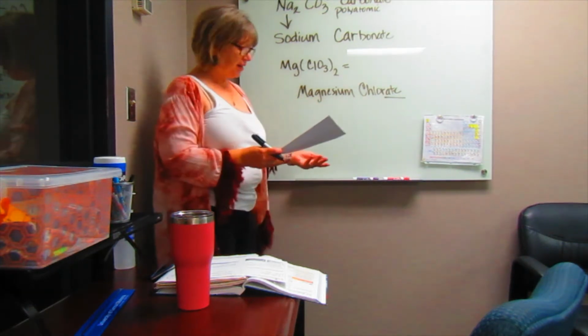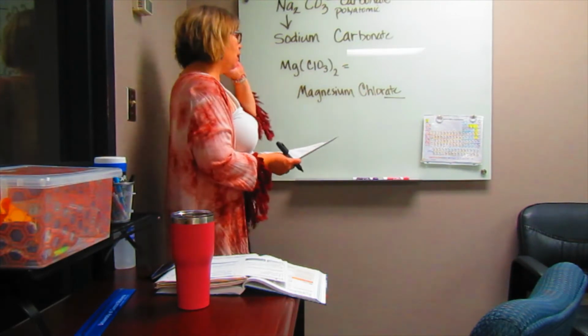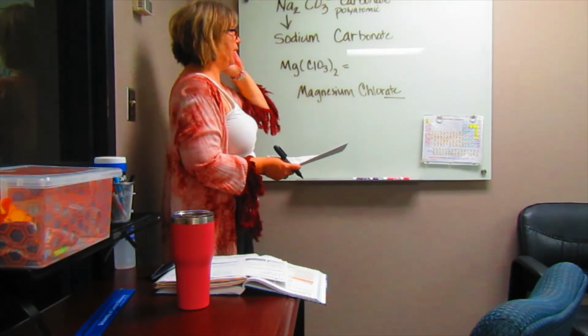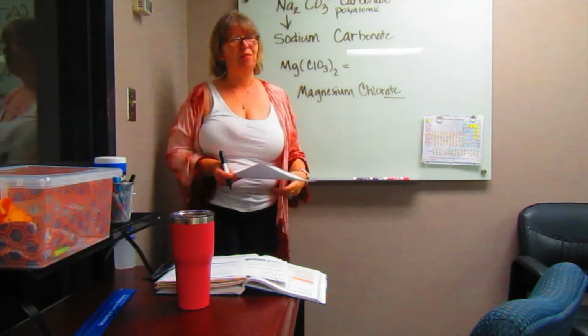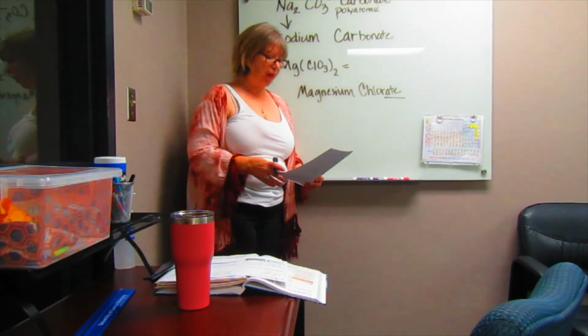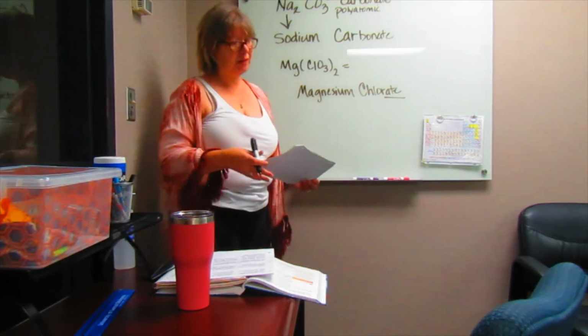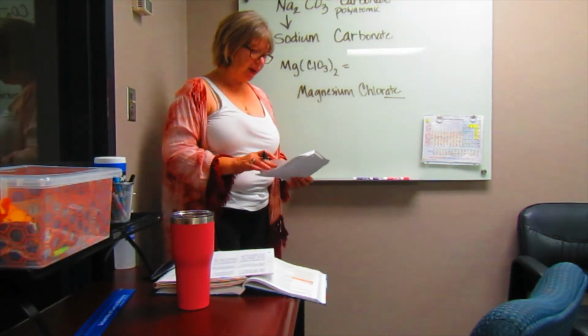So there's several of these in your homework. I suggest that you go ahead and work on them. What I'd like to talk to you about now is naming the molecular compounds, because they have several rules that go with them and some prefixes that you have to memorize in order to be able to name them. So let's take a look at that next.